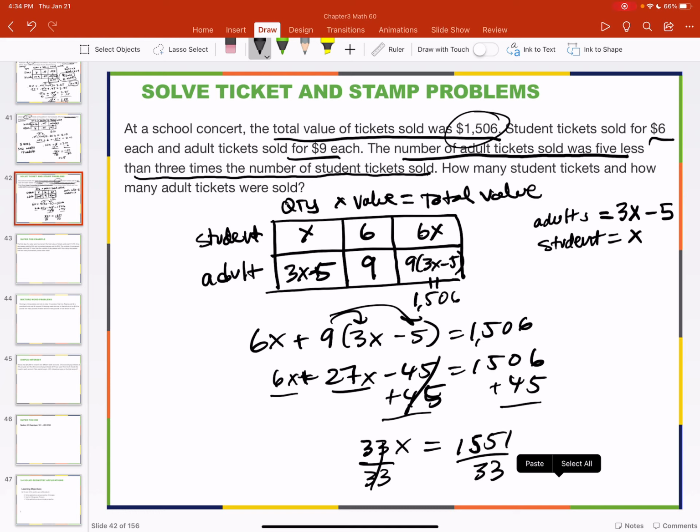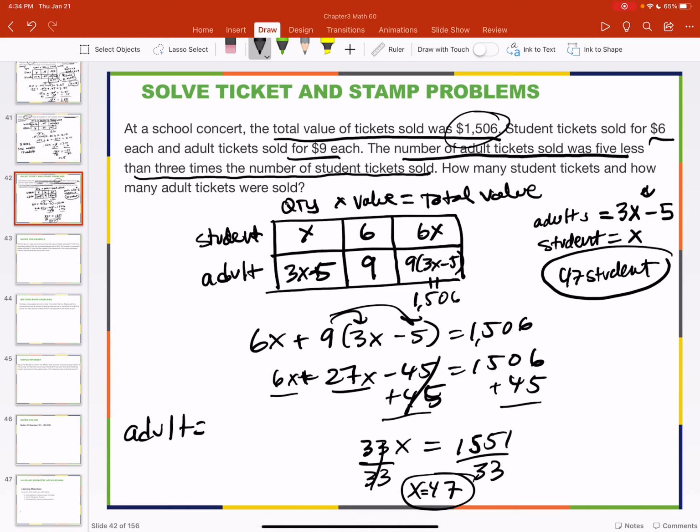Then the adult, we need to plug it in. So 47 student. But what represents the number of adults? 3X minus 5. So to find adult tickets, we need to plug X into 3X minus 5. So 3 times 47, which is 141 minus 5.